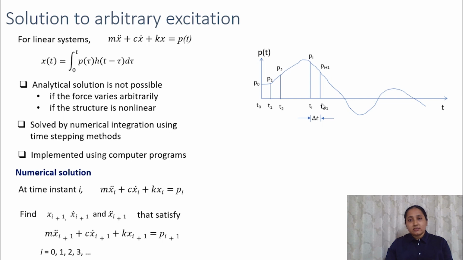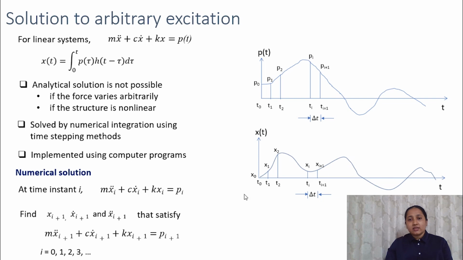At each time instant, we can solve this equation of motion and find the responses at each of these instants. So we can find the displacement response at t0, t1, t2, t_i, t_(i+1), etc., by solving these individual equations of motion and calculating the values of x1, x2, x_i, x_(i+1), etc.